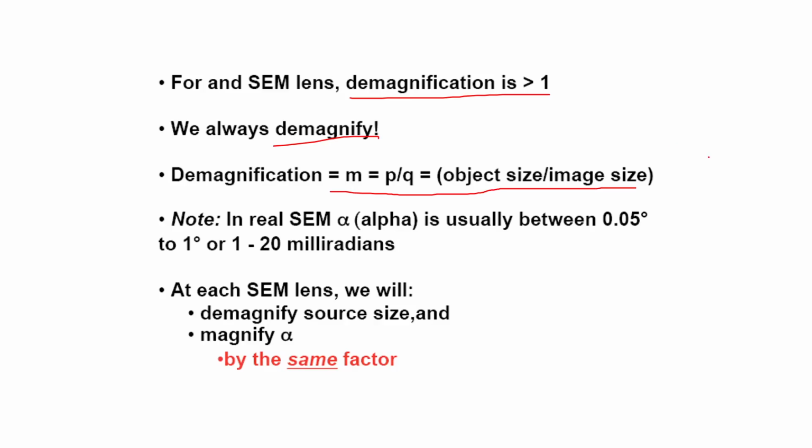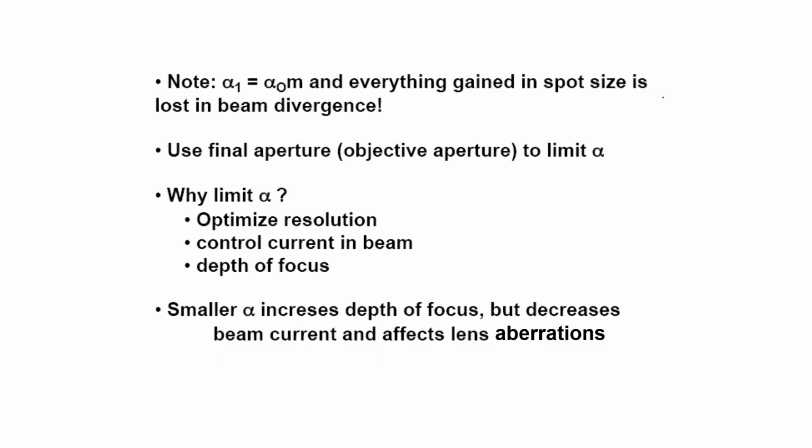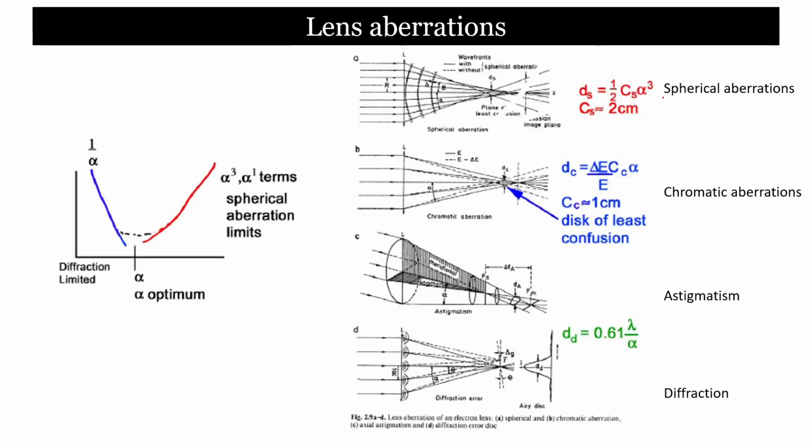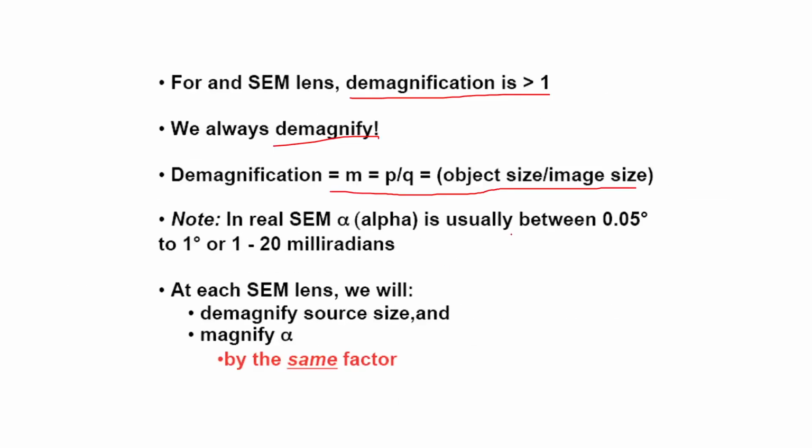And I'll tell you what this alpha means. I'll show you afterwards. At each SEM lens, we will demagnify the source and we will magnify this alpha.